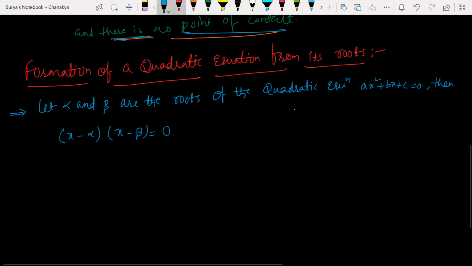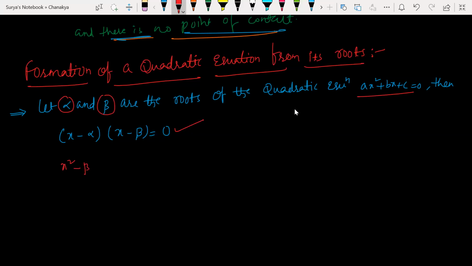See, if they give alpha and beta as the roots, alpha and beta could be any real number. If alpha and beta are the roots of this equation, then what is the format of the quadratic equation? If you simplify this, what will you get? You will get x square minus beta x minus alpha x plus alpha beta is equal to 0.